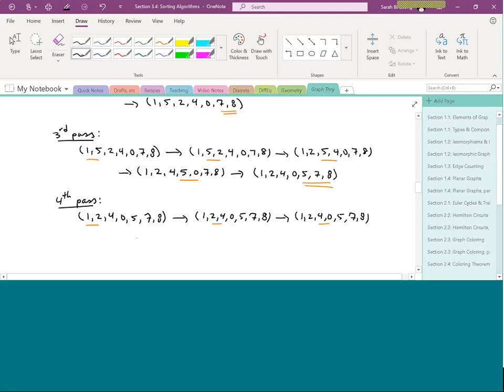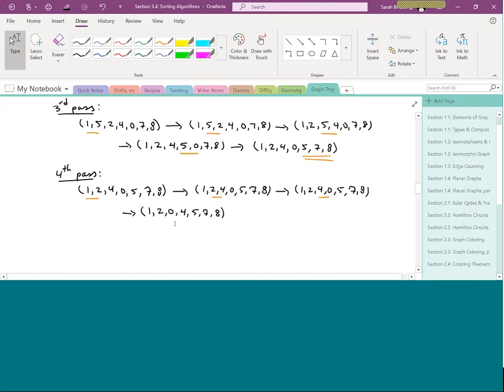and the 0. Now, if you look ahead here, what do you notice about what's been going on for the last little bit? Basically speaking, these terms are in order except for one term, that 0, which really needs to be at the front. So notice at each one of these passes, we're actually pushing that 0 one further towards the beginning of the sequence.